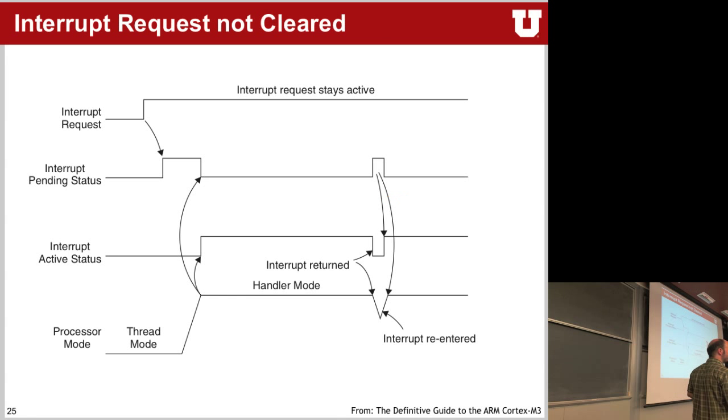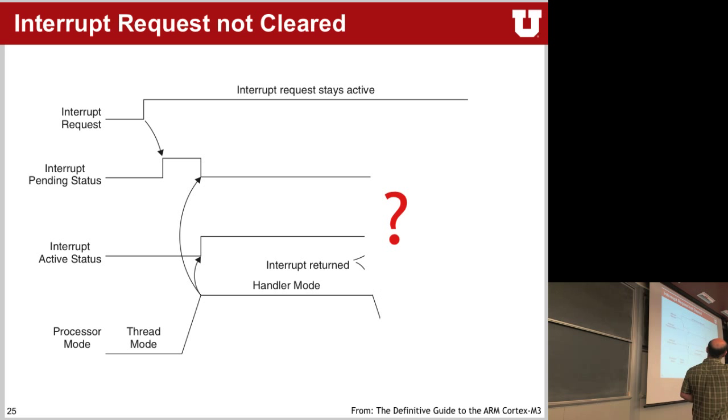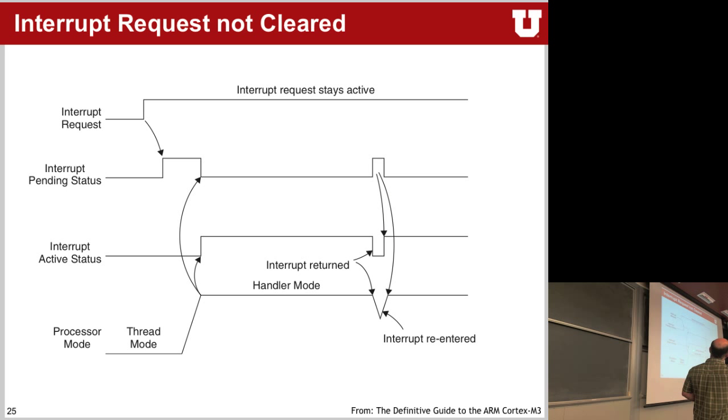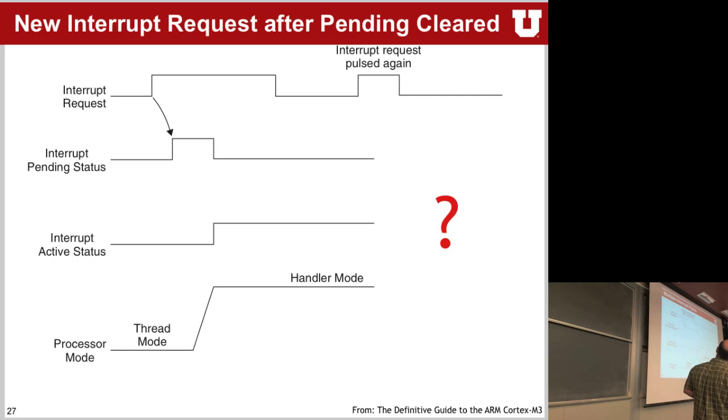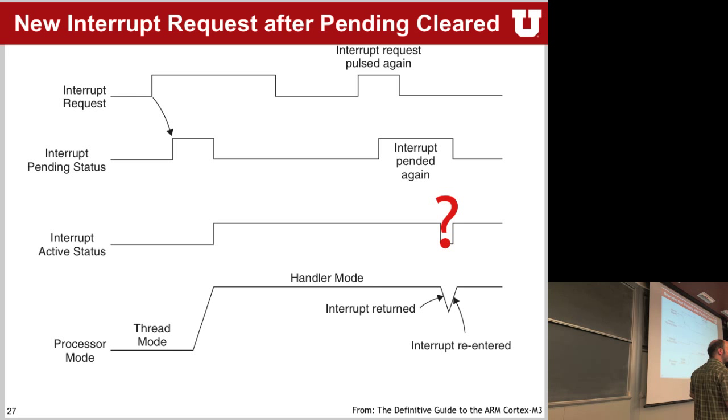In this particular case, remember? Here there was no edge, and the pending bit got set again, but that was because we went out of the interrupt handler. It doesn't get set in here. Basically as long as this active is high, it won't set it in this particular case because there was no edge inside of it. But as soon as we got out of this, it was set again. Kind of, yeah. But in this particular case, because we had another edge that happened, so another pulse, the pending bit got set, and then we got out of the handler.